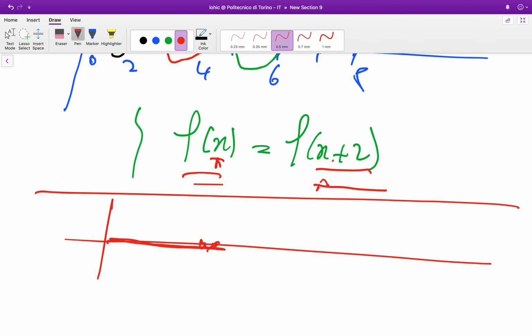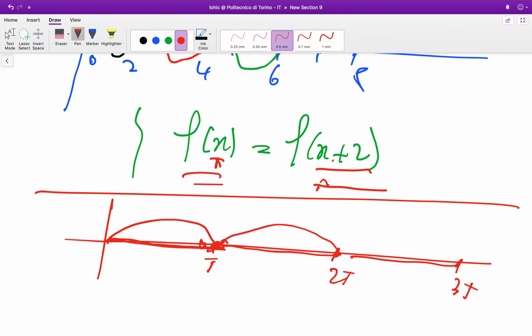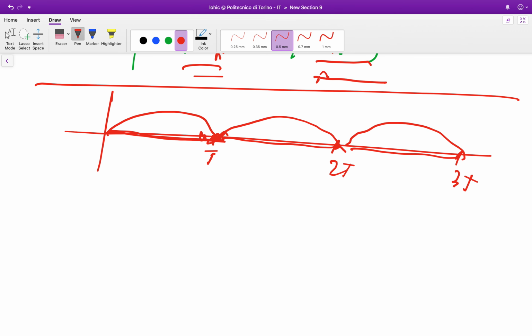This length here is t, then you move from t to 2t, and then finally 3t. If the function here is like this, on the next period it will be like this, and the next period. So this is a function with period t.